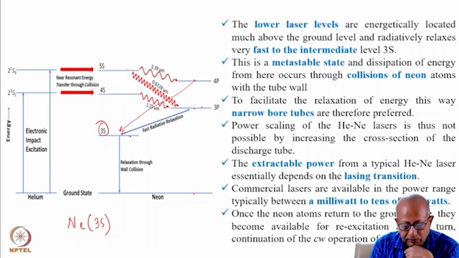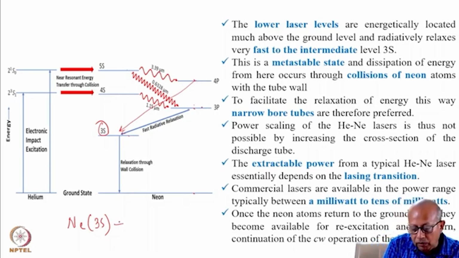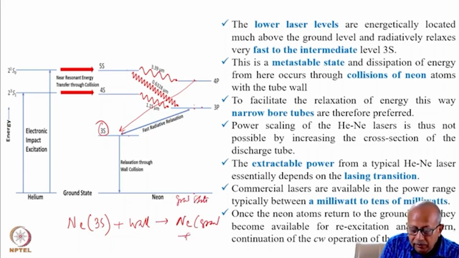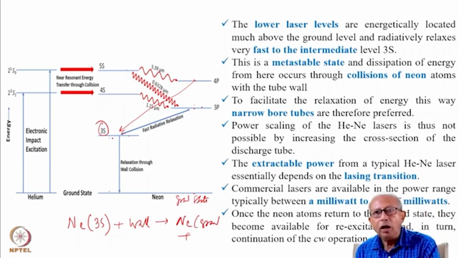So when the neon atom at this state collides with the wall of the tube, it comes down to the ground state. This is the ground state. And this excitation energy is given to the wall.